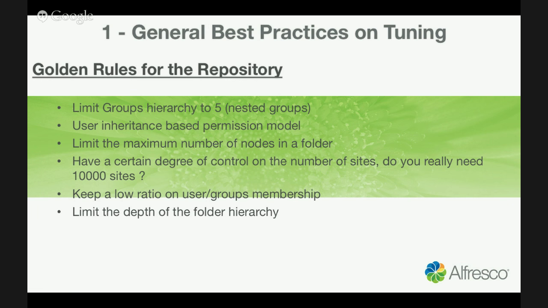So if we can limit the nested group hierarchy to 5, use a permission inheritance based model, meaning try not to apply permissions to the node itself, but try to inherit permissions from the parent folder, and use inheritance to the most level that you can.